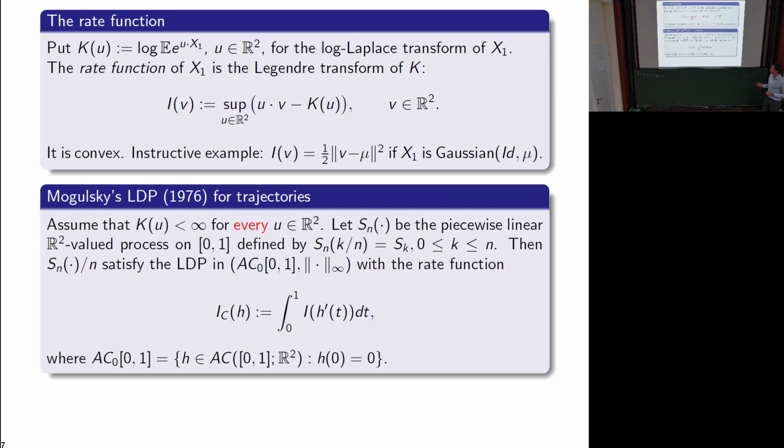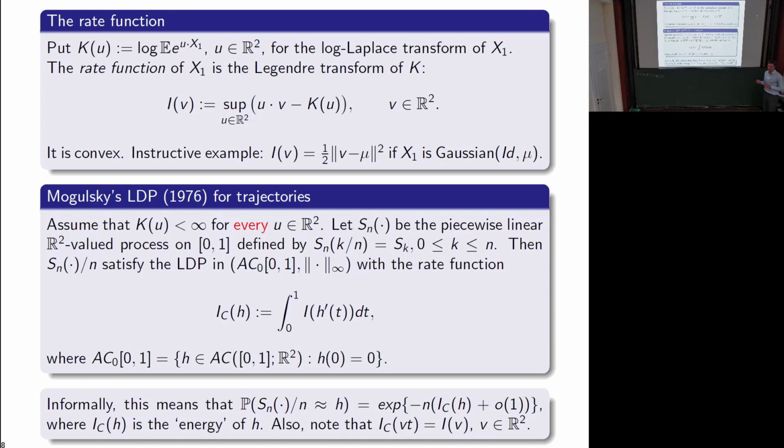I denoted it by I_C to stress that this C corresponds to the space of continuous functions. This is the integral of the rate function of the vector, computed at the velocity of my test function h and integrated over the line. So just how to think about this: I_C of h is just the energy of my function h. h is an absolutely continuous function which starts at 0.